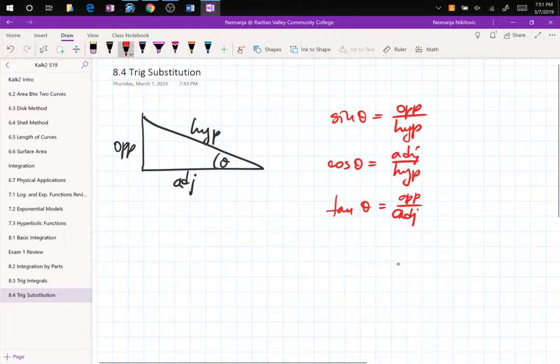In addition to this, I'm going to write on this triangle ABC the basic Pythagorean theorem, which says a squared plus b squared is equal to c squared.